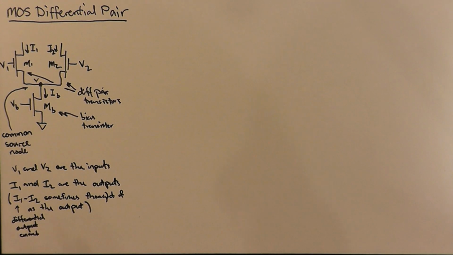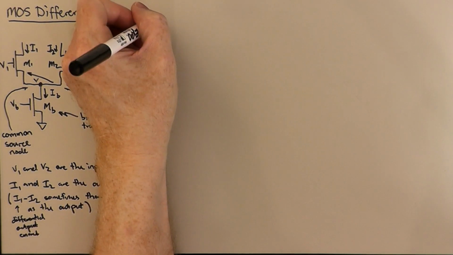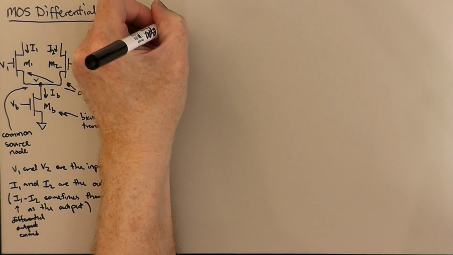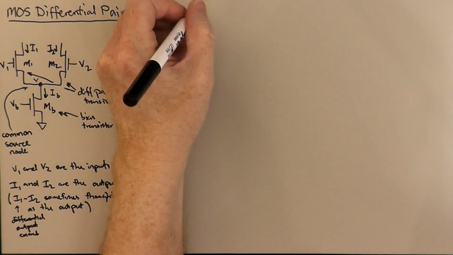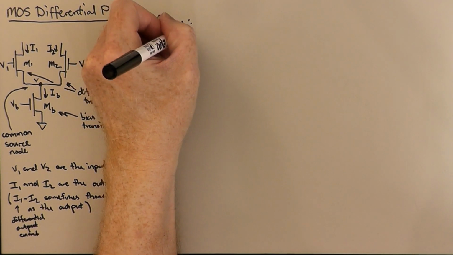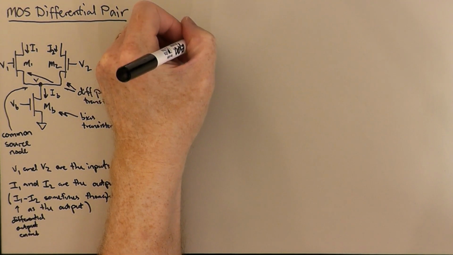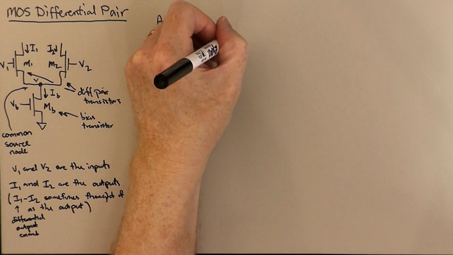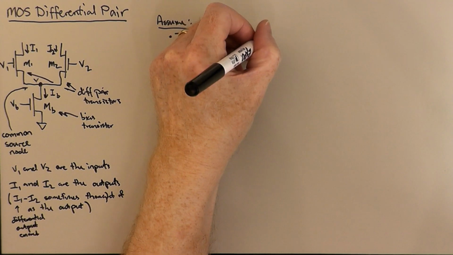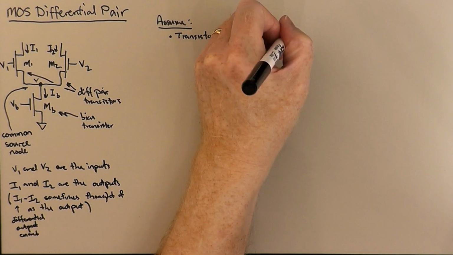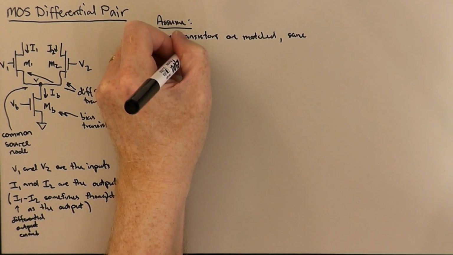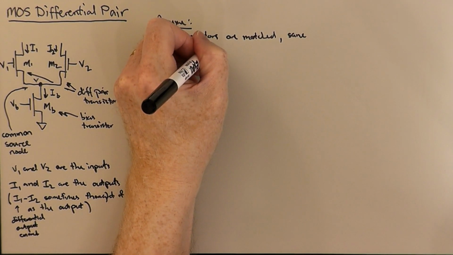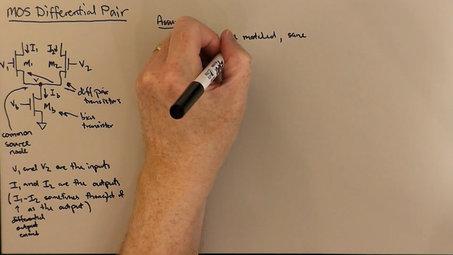We're going to make some assumptions about these transistors, and they're our typical assumptions. So we're going to assume that the transistors are matched, same temperature, and that they have an infinite Early voltage, so the Early effect is negligible.